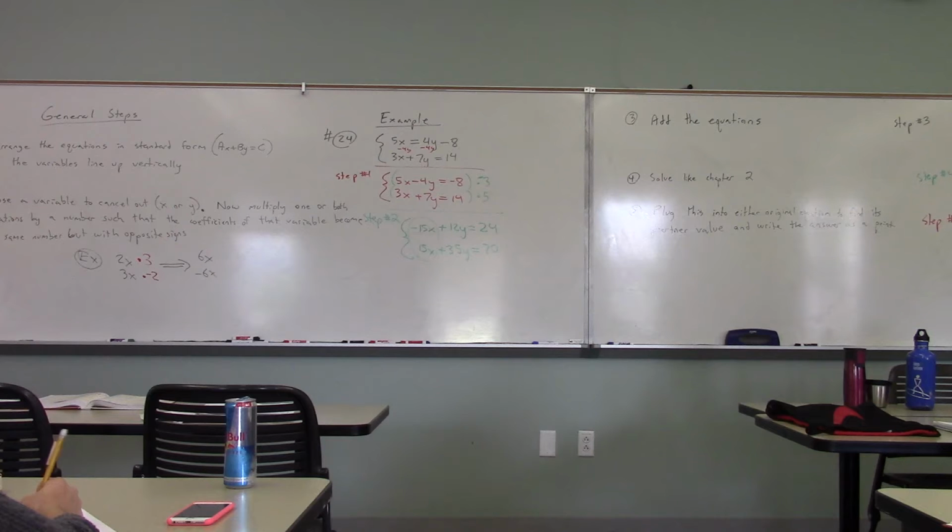Would we panic when we saw 5x equals 0? No. Even if you divide by the 5, you get 0 over 5, which is nothing. You just divide by 5, and you get x equals 0. That's totally normal, totally fine.